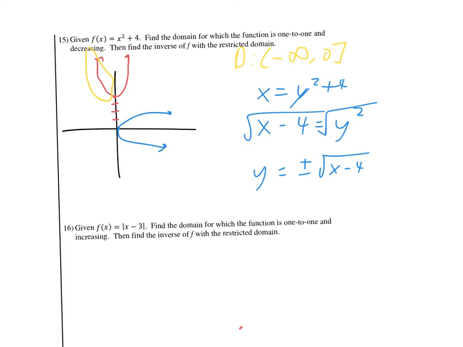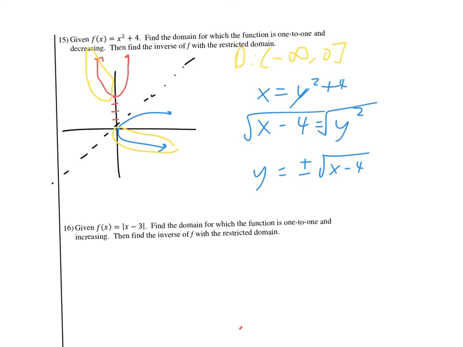Now, to figure out which piece we want, something we should know is that inverse graphs are always reflected over the line y equals x, and that's looking like that dashed line right there. So if I reflect over that line, what piece of this graph is that going to look like? And I see that it's going to match up with this piece down there. If you kind of imagine folding a paper along that dashed line, this piece would end up right here, but this piece that I was looking up would actually end up down there.